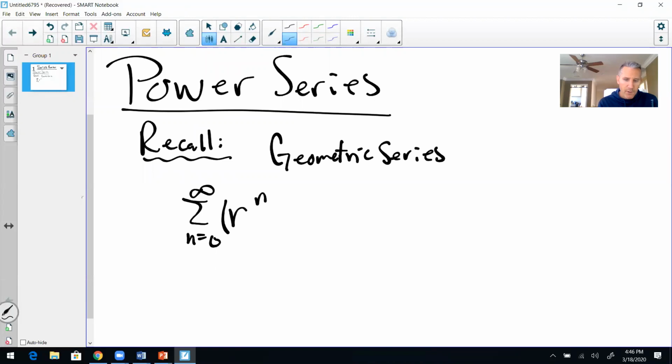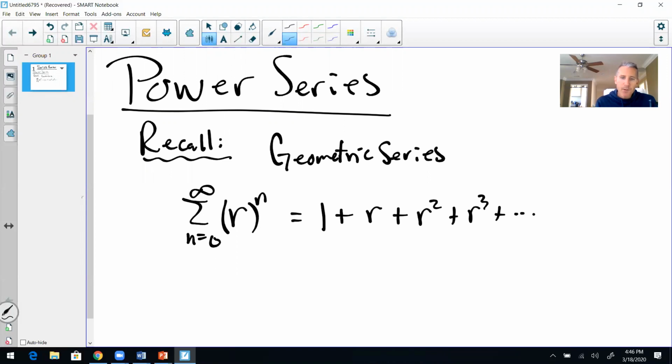Okay, that's r raised to the nth power. And so let's plug in different values of n for this. So when n is equal to 0, this is r to the 0th power, which is just going to be 1. When n is equal to 1, we have r to the first power, which is just r, plus r squared plus r cubed plus dot, dot, dot, and it goes from there, right?